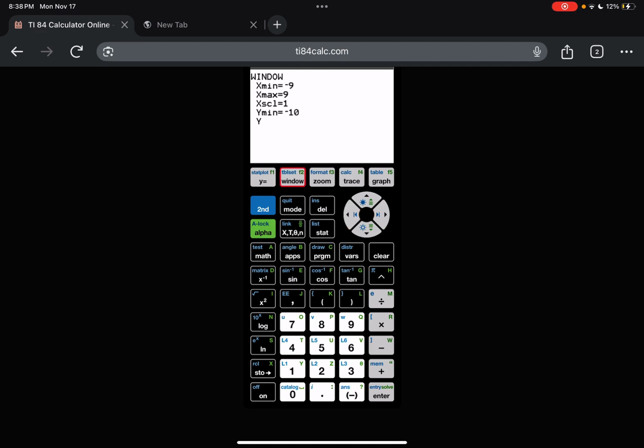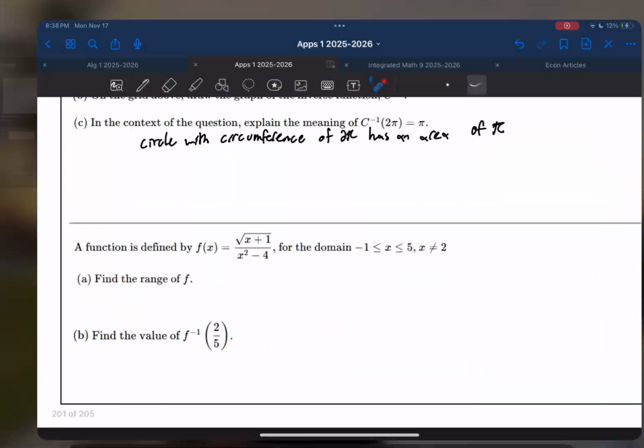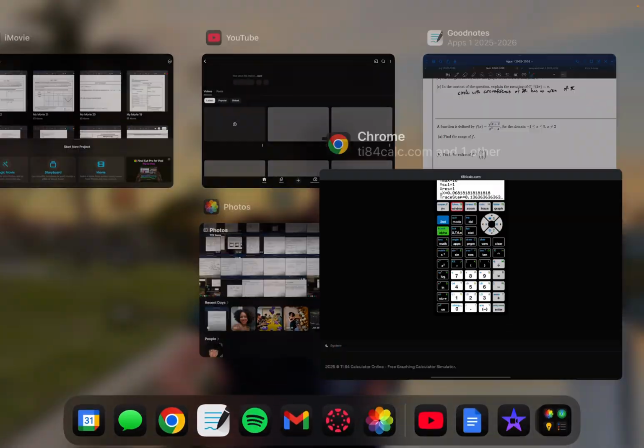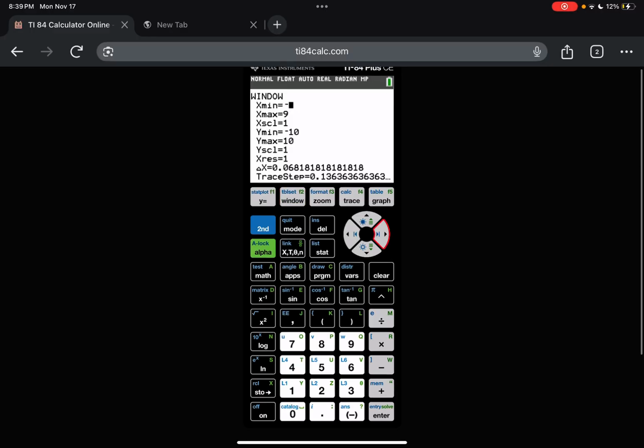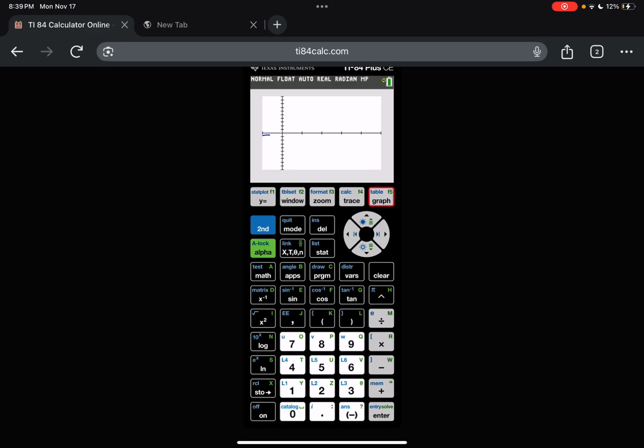And then for our window, let's change our x to be the x that we care about, -1 to 5, right? That way we get a sense of what part of the function is actually being included there. All right, so for the range there, it looks like we're going to have everything except for 0.